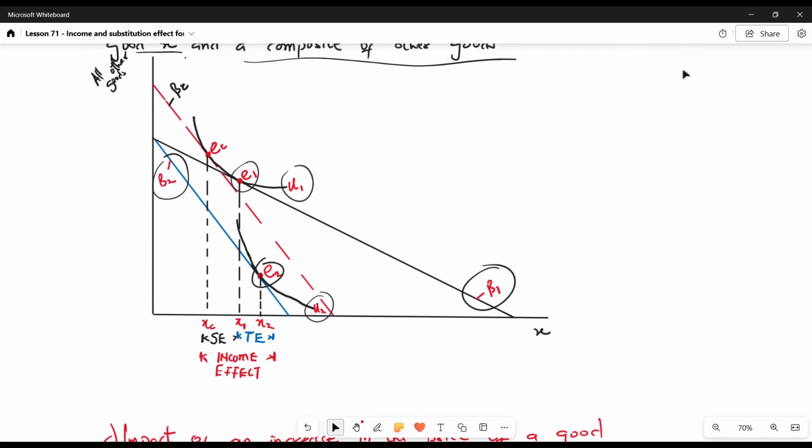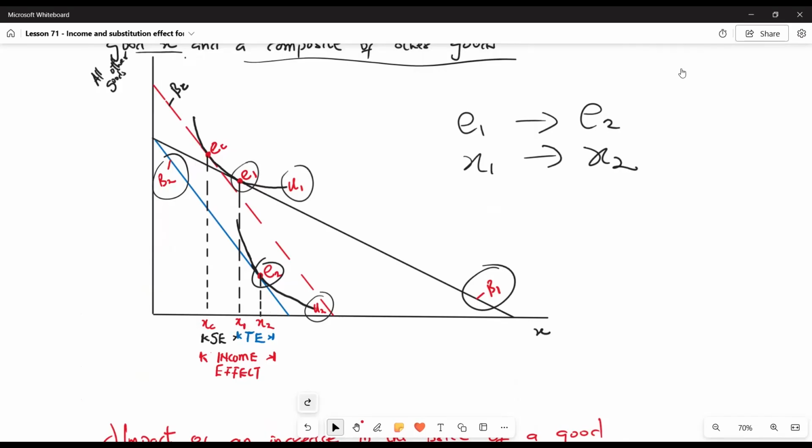Now we've seen that the movement from E1 to E2 is the total effect, and this corresponds with the movement from X1 to X2. This total effect can be decomposed into substitution and income effect.